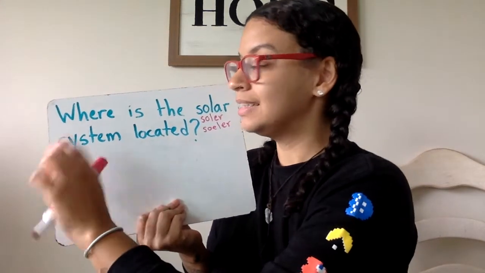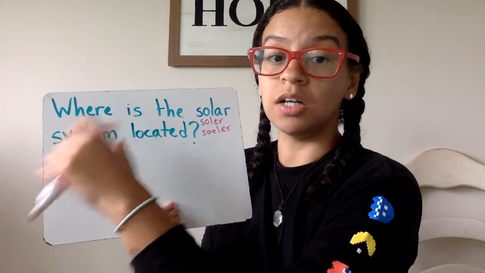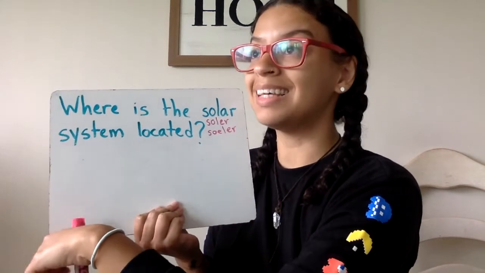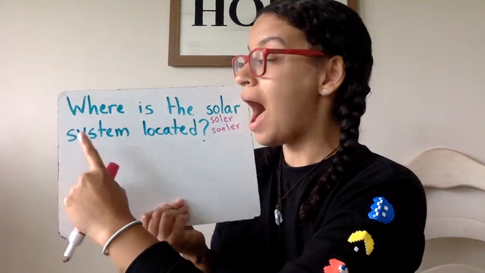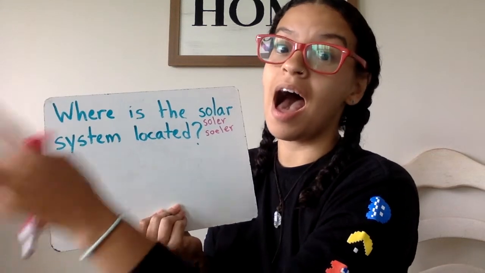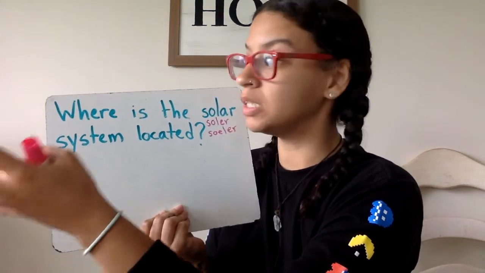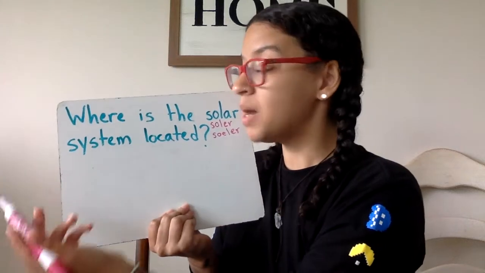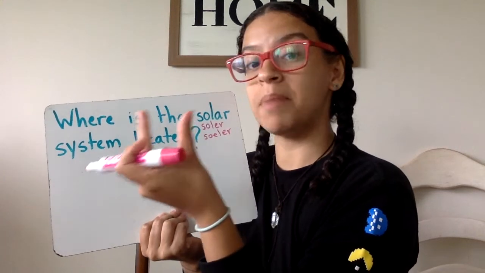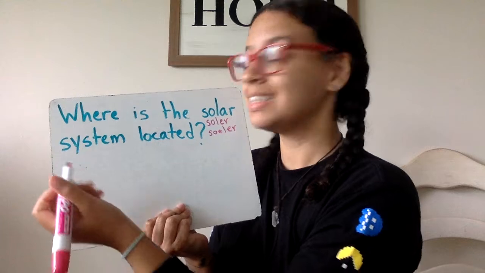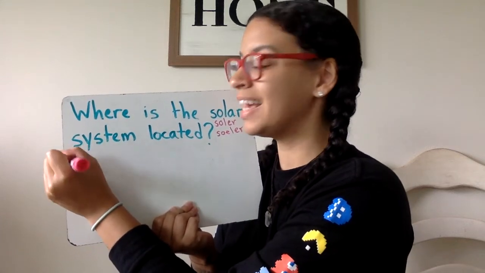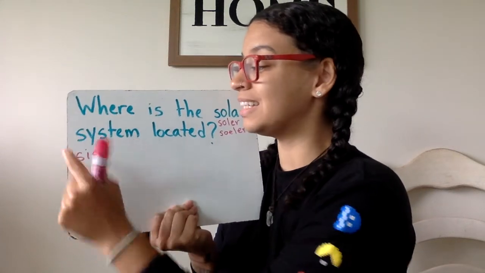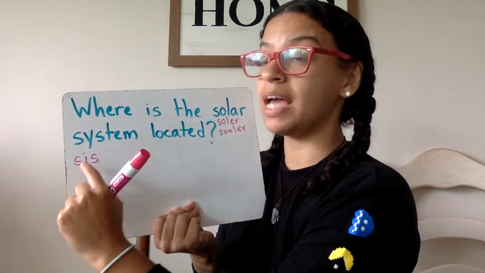System, another one that I could have chunked. System, system. I know how to write solar system because I've seen it in books a lot of times. But if you were to spell it by chunking, sis, that sounds right.